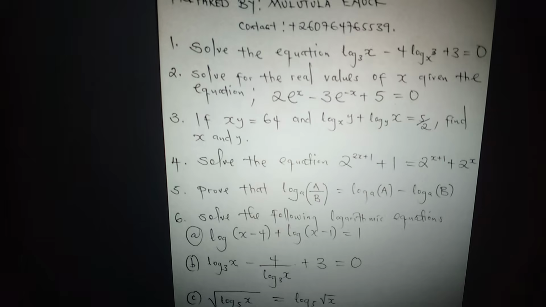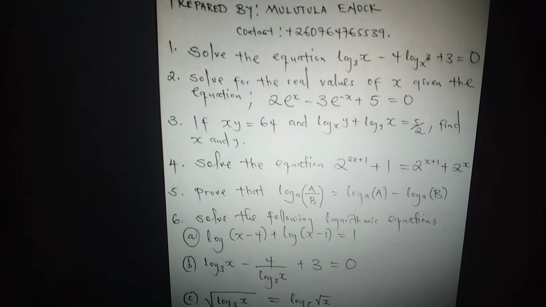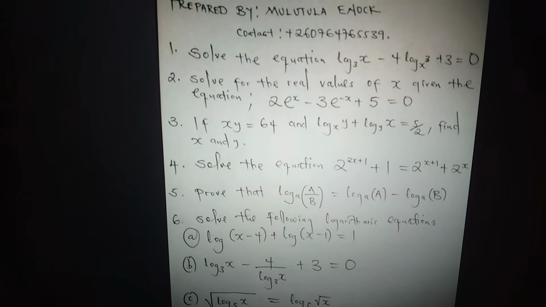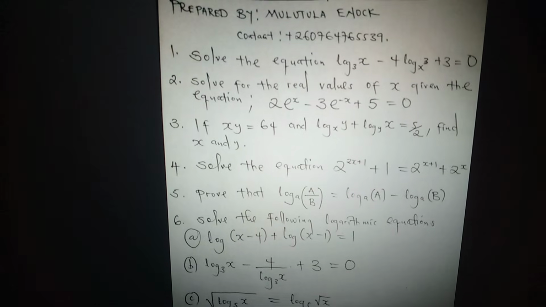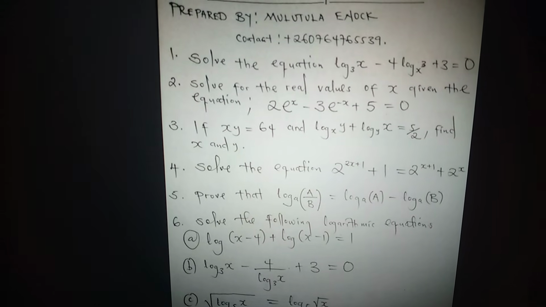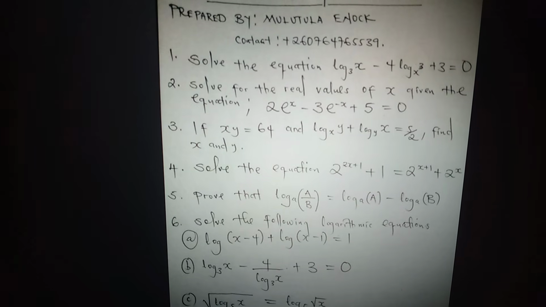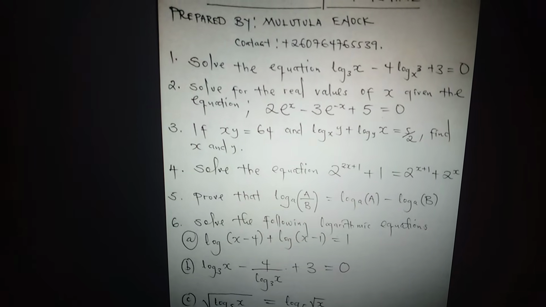The second one says solve for the real values of x given the equation 2e to the x minus 3e to the power negative x plus 5. So we can also solve that one. So that is number 2.